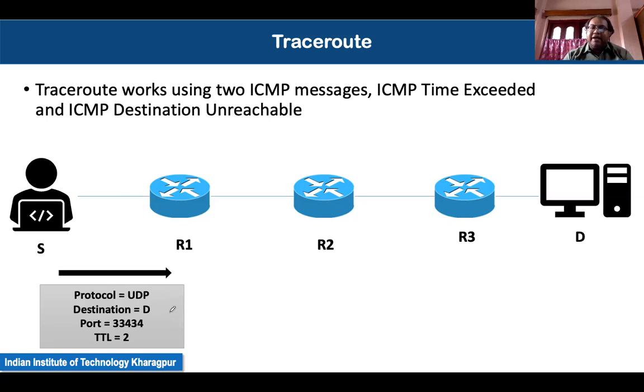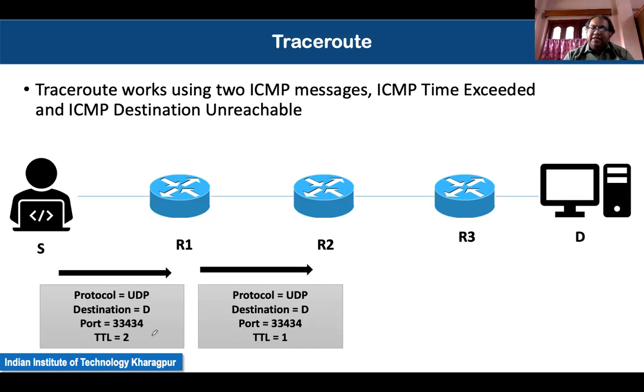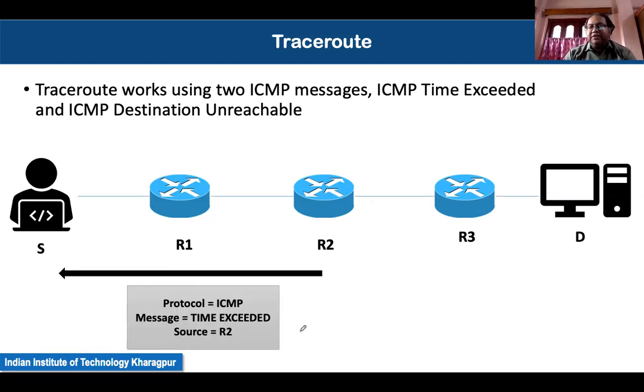R1 decrements TTL from 2 to 1 and sends the packet to the next hop, which is R2. R2 decrements it, it becomes 0, and R2 sends back an ICMP time exceeded message with source R2. So S knows that at the second hop towards D, I have R2.